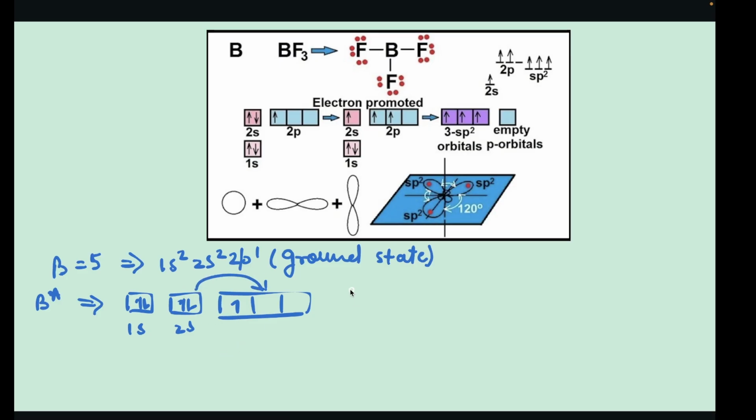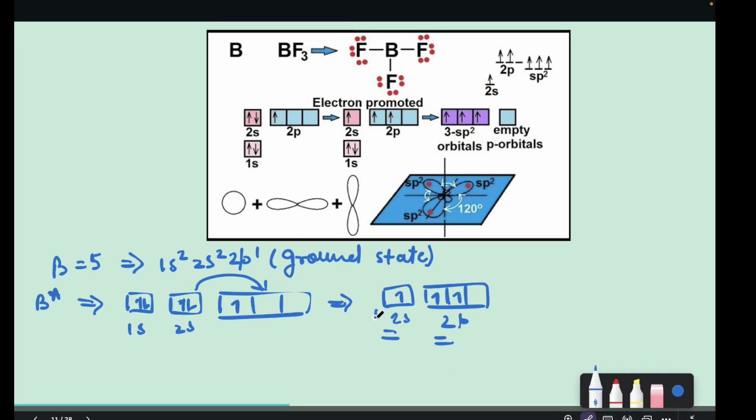Now the electronic configuration is like this: 2s has one unpaired electron, and there are two unpaired electrons in 2p orbital. Now one 2s and two 2p orbitals combine to form 3 sp2 hybrid orbitals.